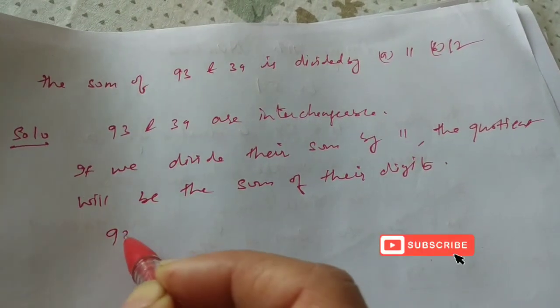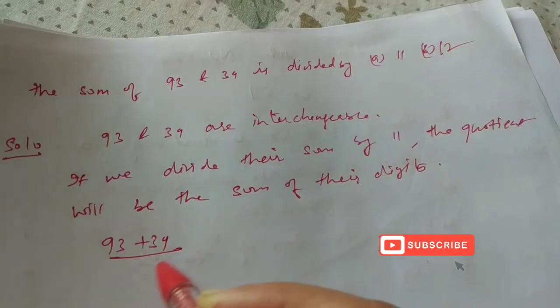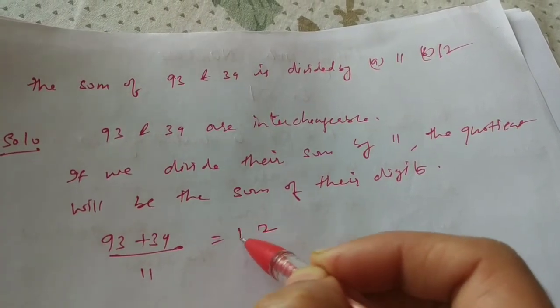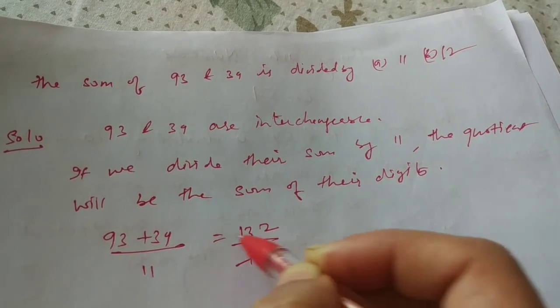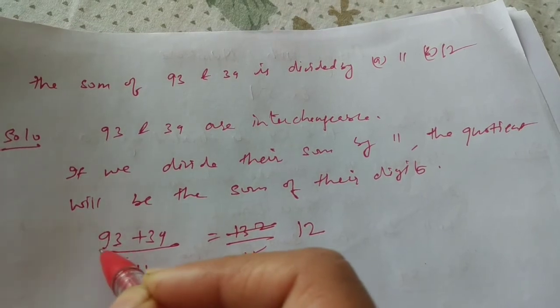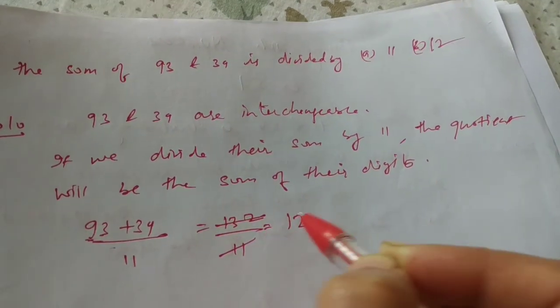So 93 plus 39 by 11 comes out to be 12. So 11 twelves, which is the sum of 9 plus 3, that is 12.